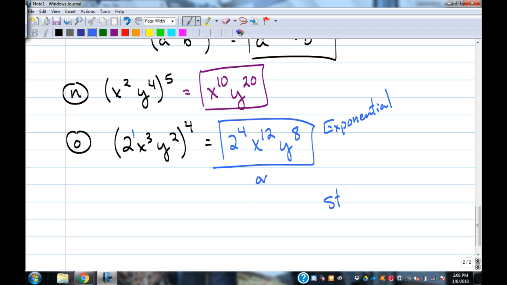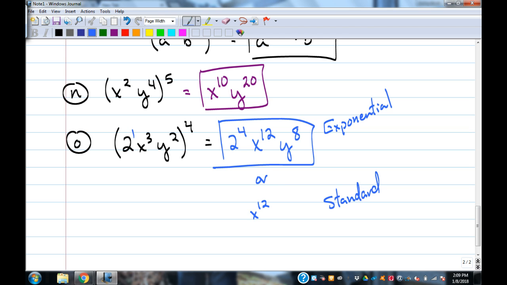What about standard form? What part gets worked out if I'm asking for it in standard form? 2 to the 4th power. It's the only thing we can work out because we don't know what x and y are. What's 2 to the 4th power? Okay, it's 2 times 2 times 2 times 2. It's 4 of them. 2 times 2 is 4.